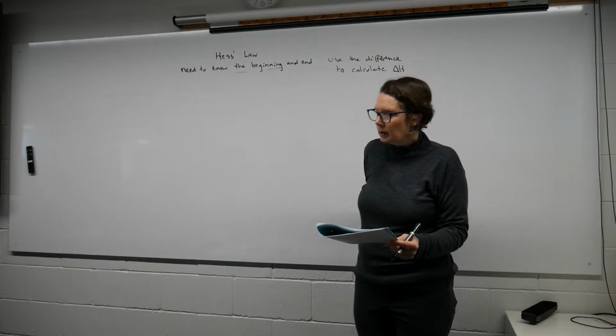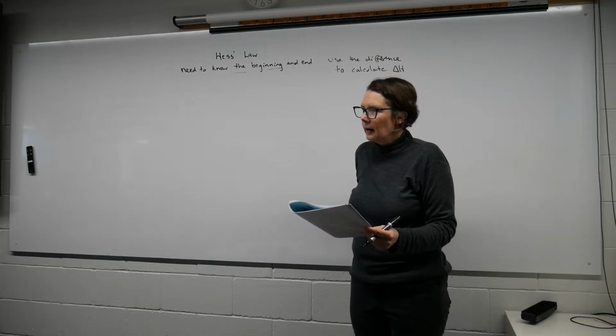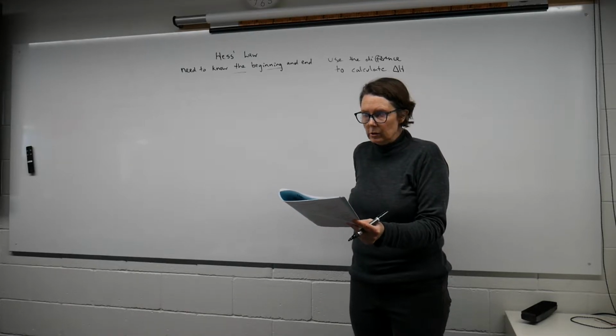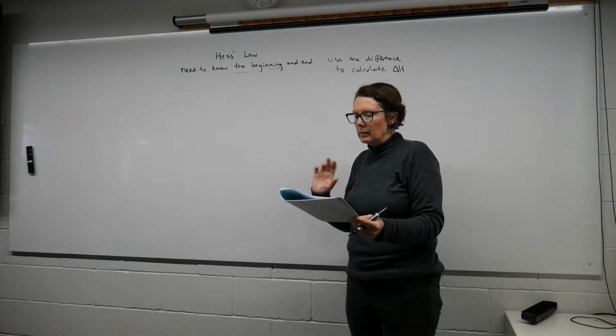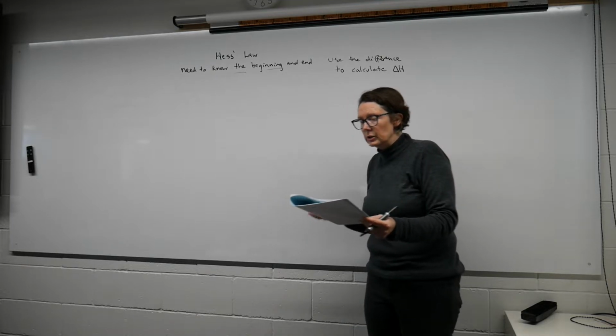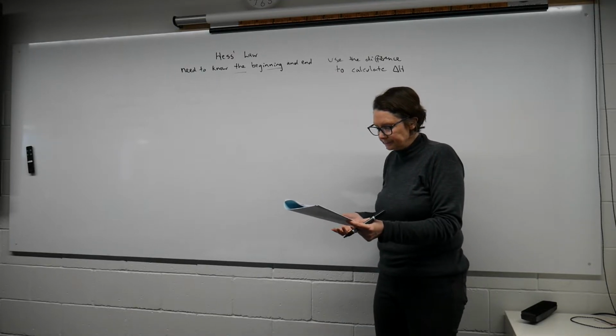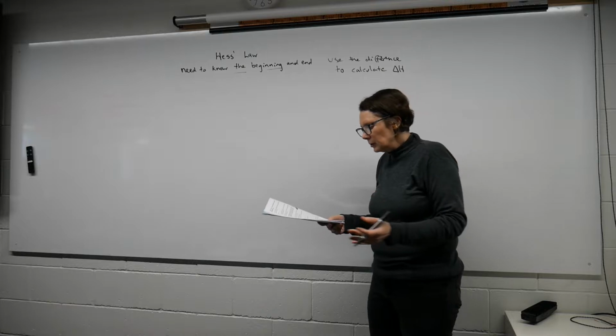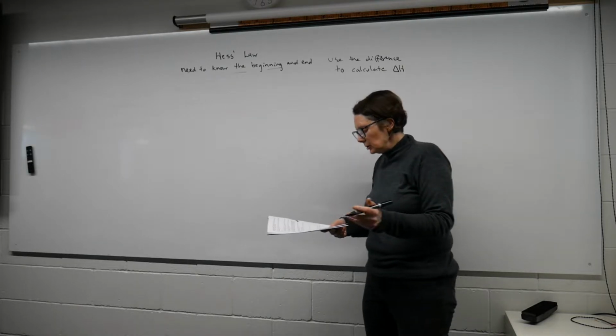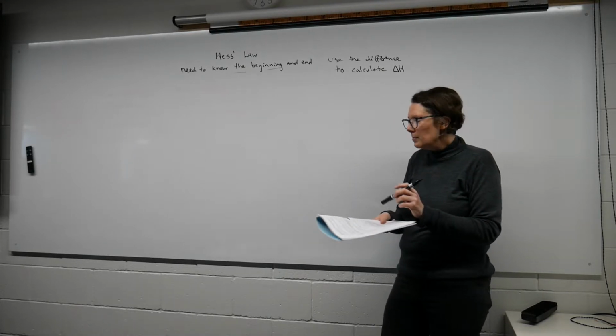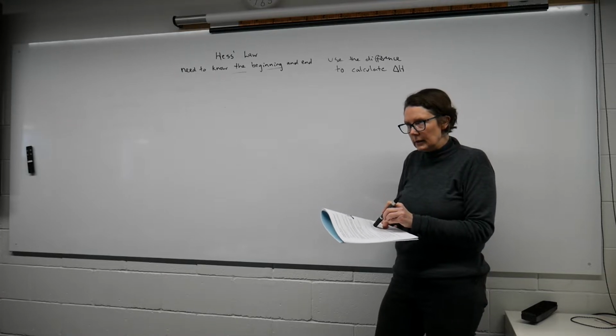Right, now Hess's law can be quite complex, because we've got to think about the arrangements of the equations that are given to us in the questions. We have to select the relevant equations and remember about the change of phase.